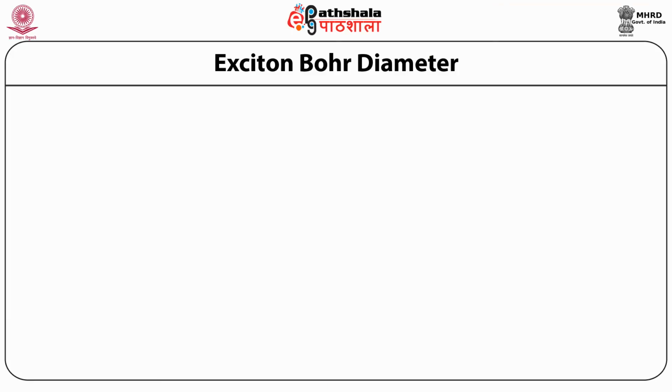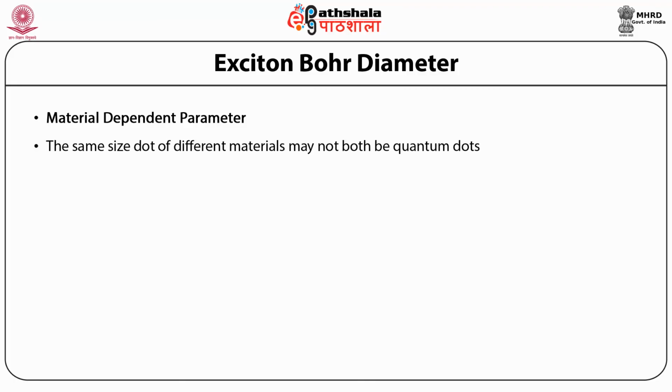the exciton Bohr diameter. Now, it is a material-dependent parameter; the same size dot of different materials may not both be quantum dots. So the Bohr diameter determines the type of confinement.